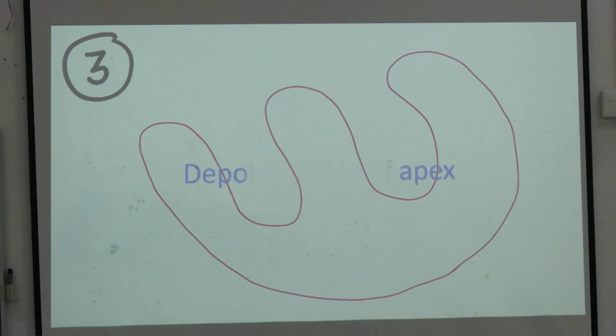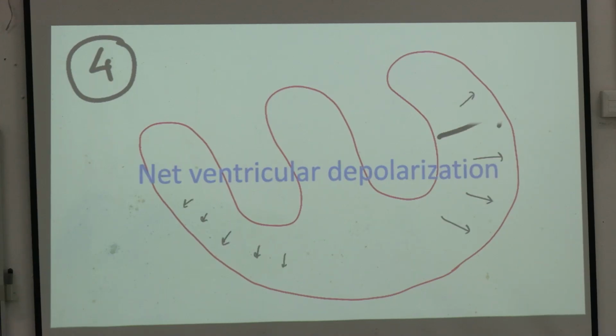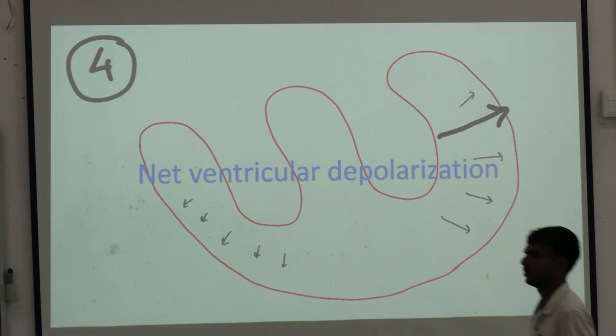Now the third vector. The third vector is the depolarization of the cardiac apex, or the apical depolarization vector, and its direction is quite the same as that of the atrial depolarization vector, but the magnitude is much larger.